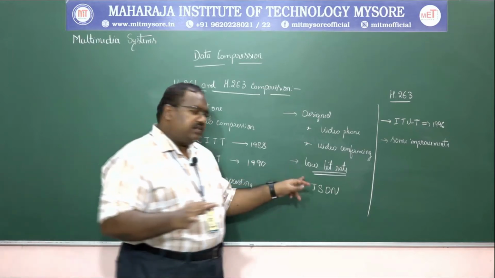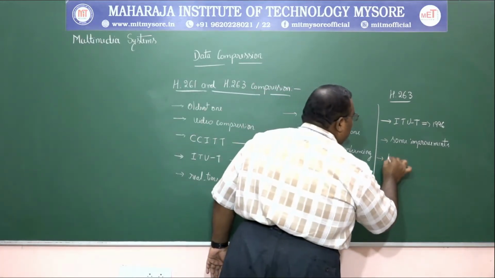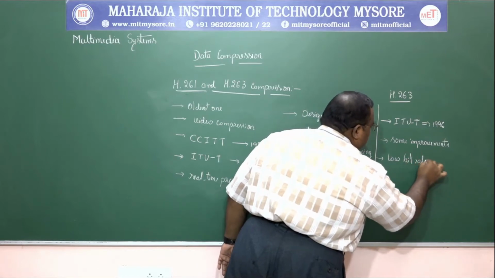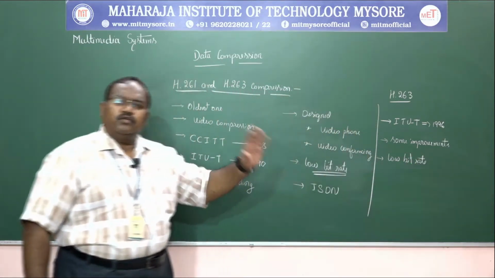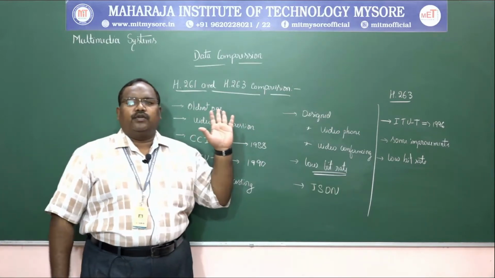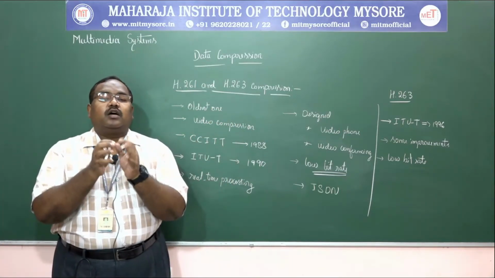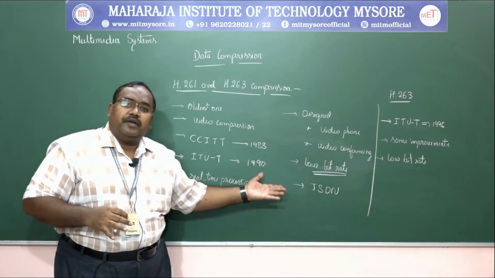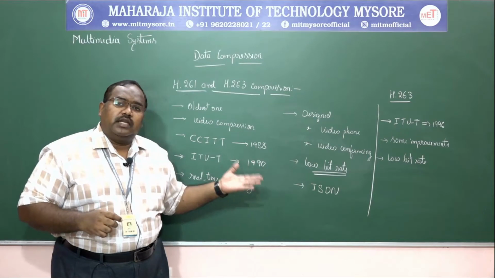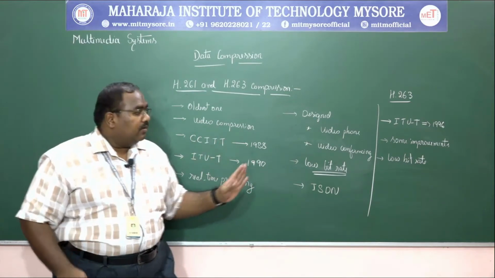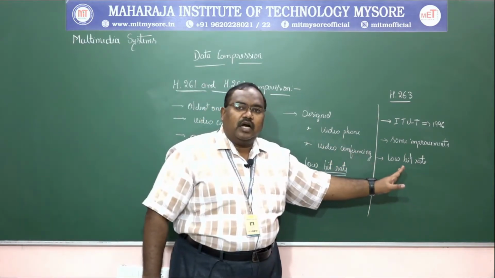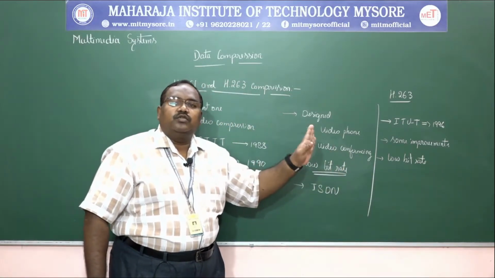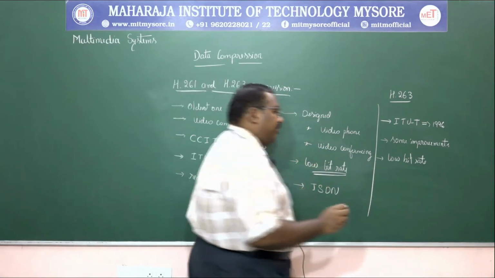Here the bitrate transfer was low, but H.261 was limited to a particular range. The advantage here, to overcome H.261, was that H.263 was used for a wide range of bitrates.